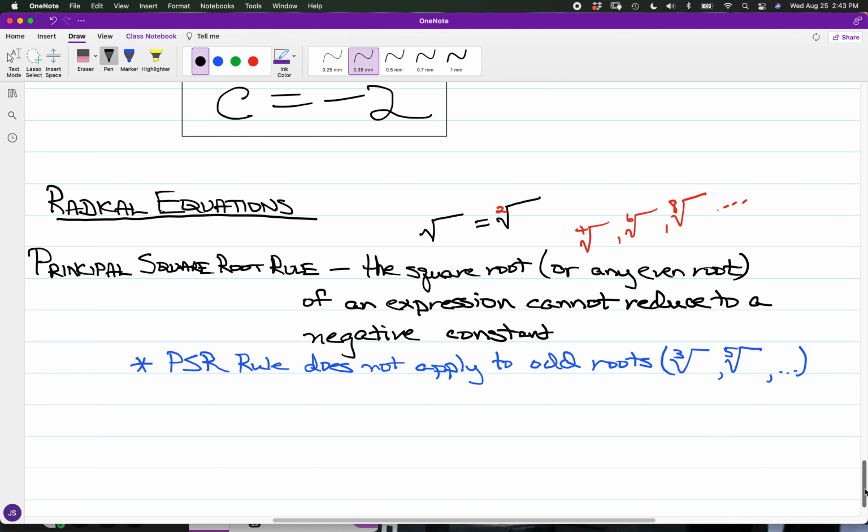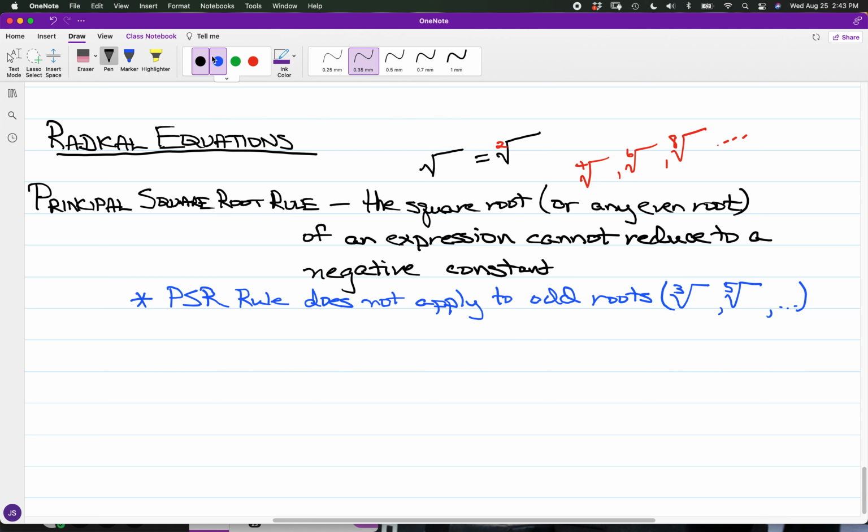And let me give you just a little bit of a transition here. The principal square root rule has, I guess, a kind of kinship with the square root property of equality. But these are not the same fundamentals. Back when we looked at the square root property of equality, say we have x squared is equal to 36. We had a quadratic equation, with the number 2. Now this equation could have up to possibly 2 solutions. Not always, but potentially.